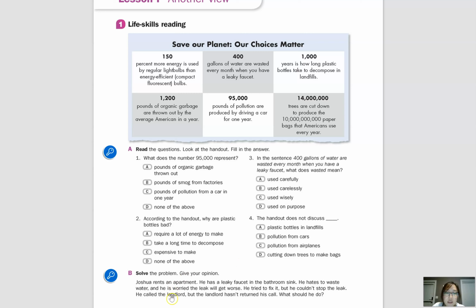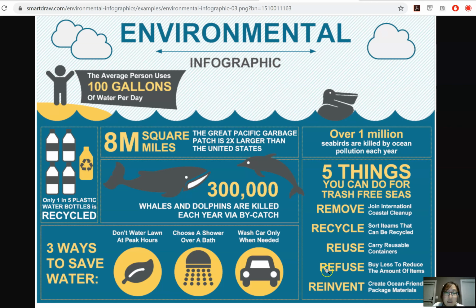So let me show you an example. This is a type of infographic. As you might assume, info, of course, is information or informational. Graphic, again, graphic is like a visual representation of something.